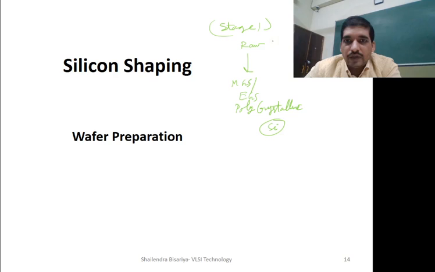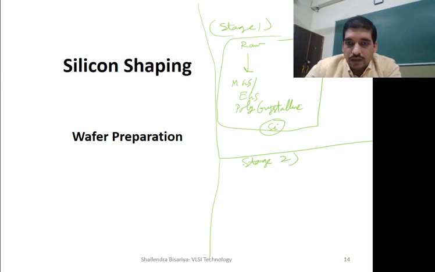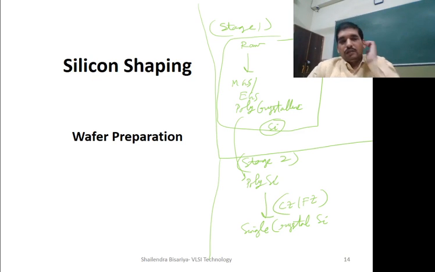That is what we saw in stage 1, right? Then stage 2 we have done today in this lecture. In stage 2, we started with this polysilicon, and we converted it into single crystal silicon using the CZ or FZ method. This is what we did right now.